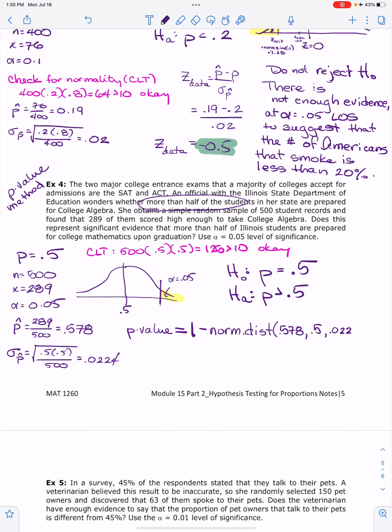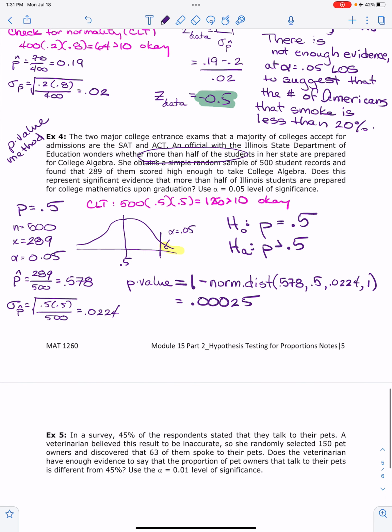Standard deviation is 0.0224. 1, we always get that cumulative. We get a p-value of 0.00025, which is smaller than my alpha. So 0.00025 is less than 0.05. So we're going to reject H naught.